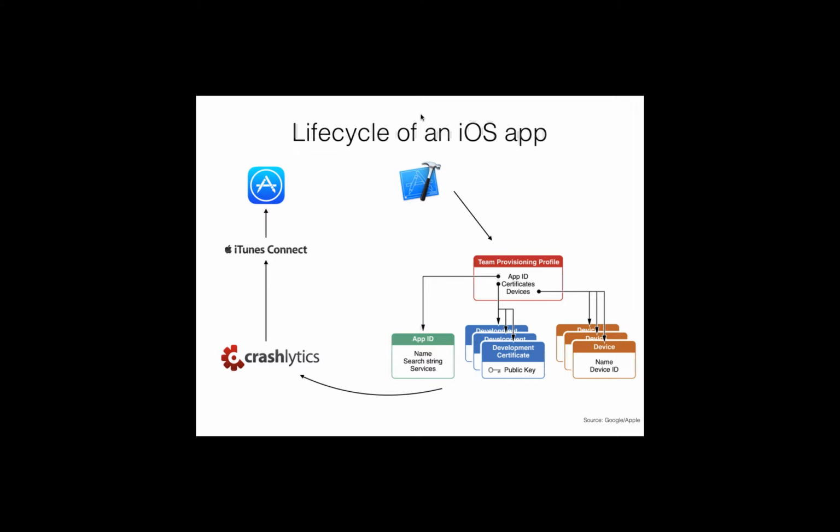The last one is the device. So when you roll out your app to the physical device, you need to collect all the unique IDs of the devices and mention that these are the devices that my app can be installed to. This is not for distributing your app to the actual App Store.